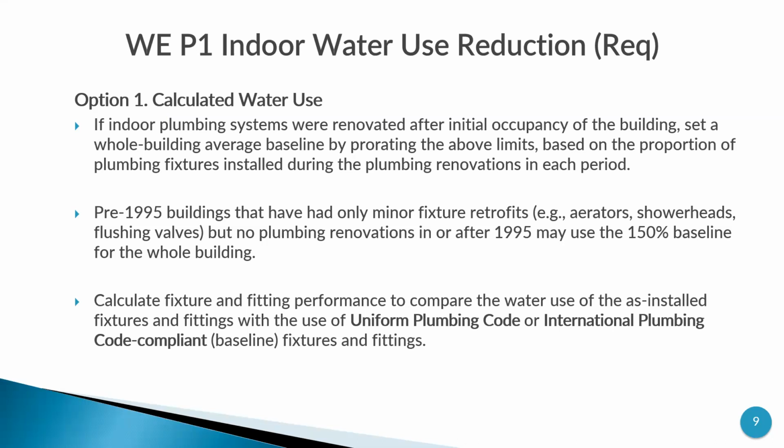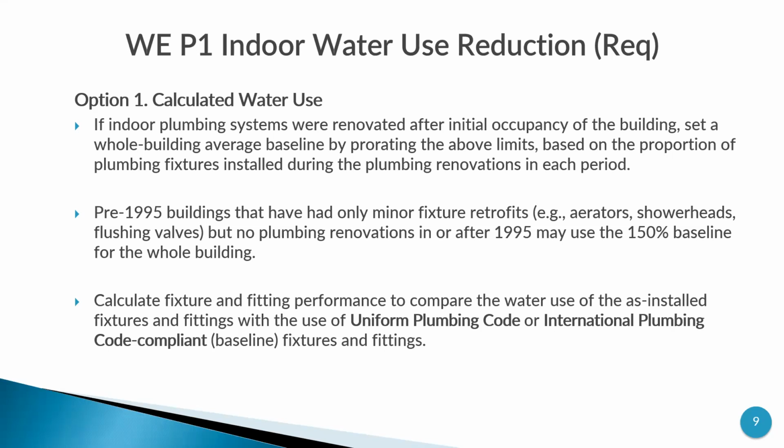Okay. Now, coming to option one: if indoor plumbing systems were renovated after initial occupancy of the building, set a whole building average baseline by prorating the above limits based on the proportion of plumbing fixtures installed during the plumbing renovations in each period.